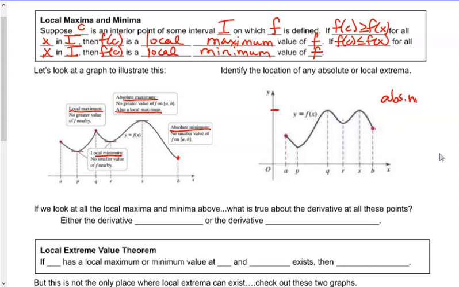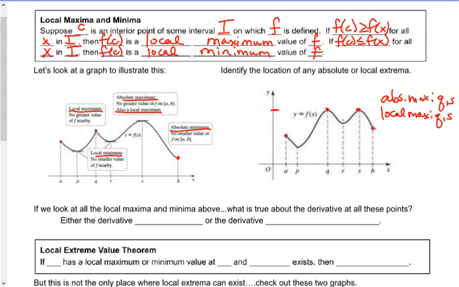So, excuse me, the absolute max here is when x equals q and s. So at q and s, we have absolute max. Now, remind yourself that those are also constituted as local maxes at q and s. So don't forget that. So these are our peaks.